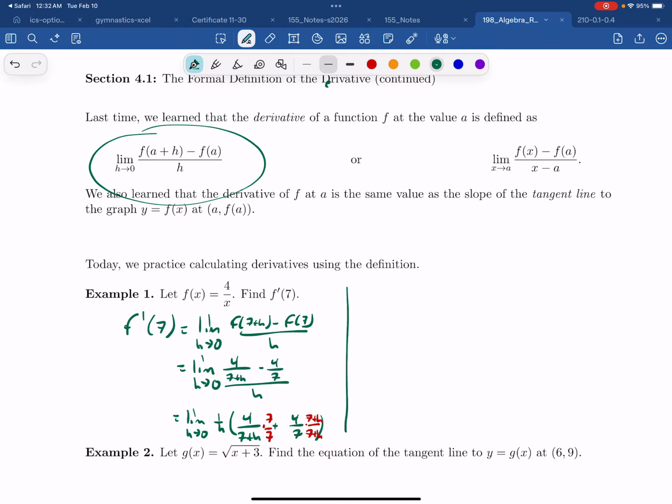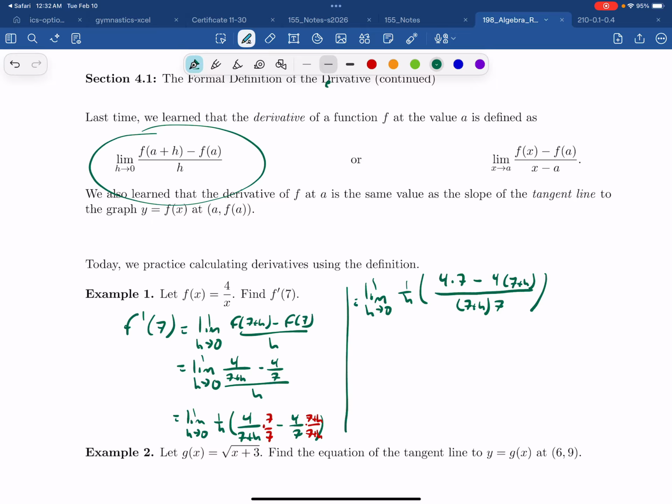And now we can talk about the limit as h approaches 0 of 1 over h times, and then this is going to be 4 times 7. Oh, sorry, I wrote a plus here. That should have been a minus. Sorry about that. Minus 4 times 7 plus h all over the common denominator, 7 plus h times 7.